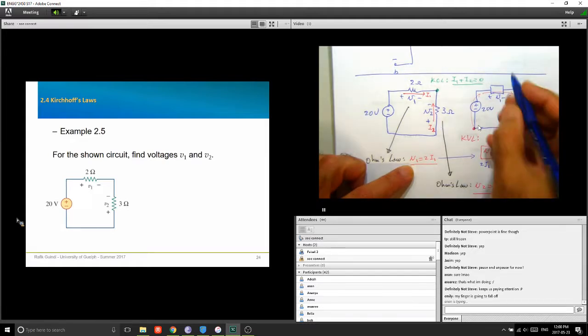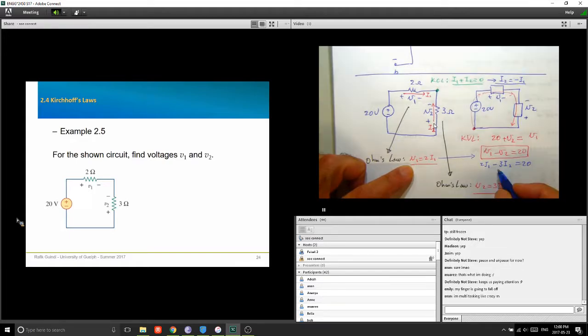And from here I have I2 equals negative I1. Okay, so 2I1, instead of minus 3I2, I have plus 3I1 equals 20. So that's 5I1 equals 20. I1 equals 4 amps.